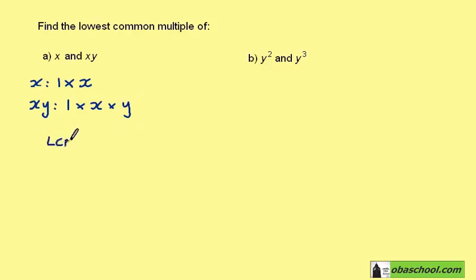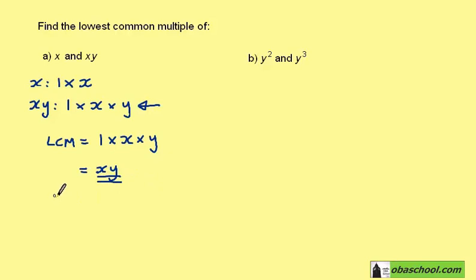If we start with xy, the lowest common multiple is 1 times x times y. Now we need to look at the x, and we already have both parts, so we don't need to add anything from here. So the lowest common multiple is 1 times x times y, which is xy.